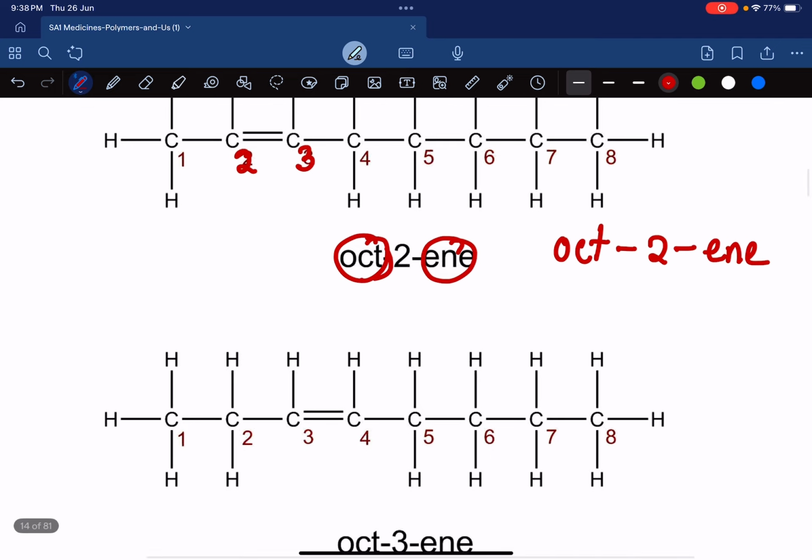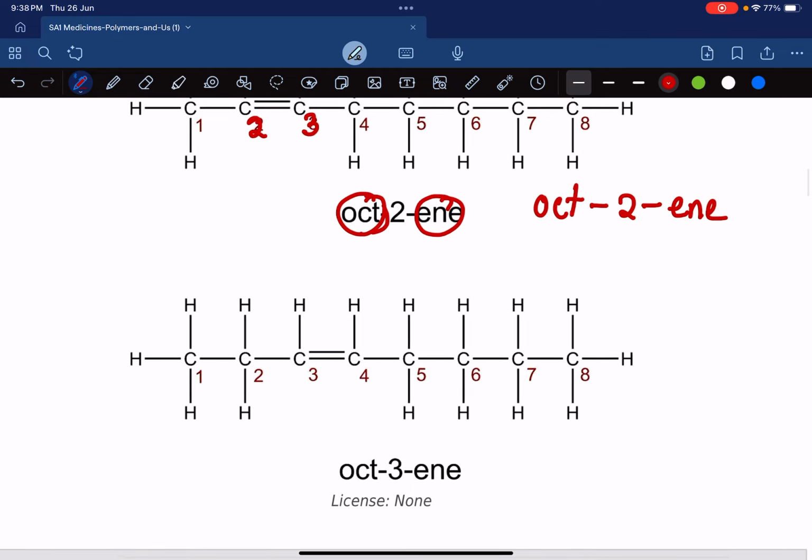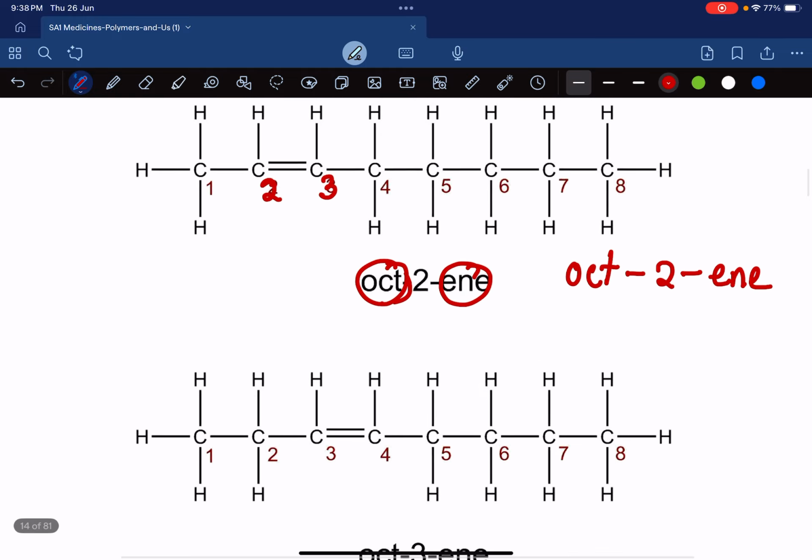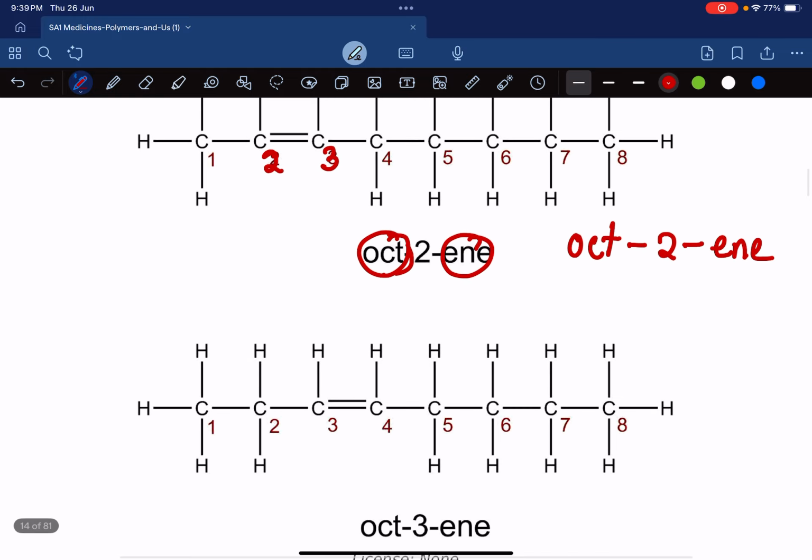Now what happened in this example is that it is still an alkene, it is still oct, but the double bond has shifted place. From 2 it has shifted to 3. This is the stem, this is the family name, the suffix, and now it's number 3.